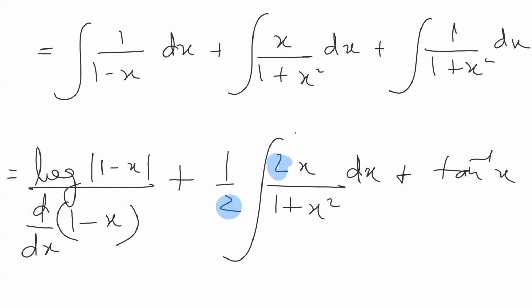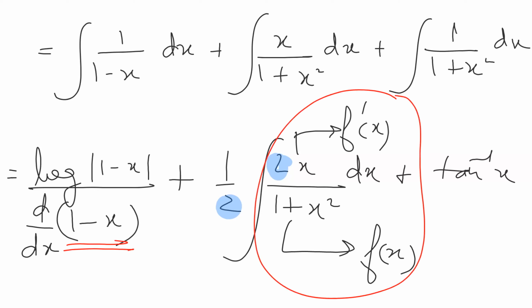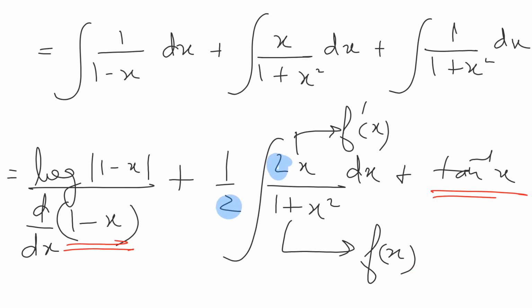So now this becomes f dash x upon f of x. In the next step, the derivative of 1 minus x will be -1.